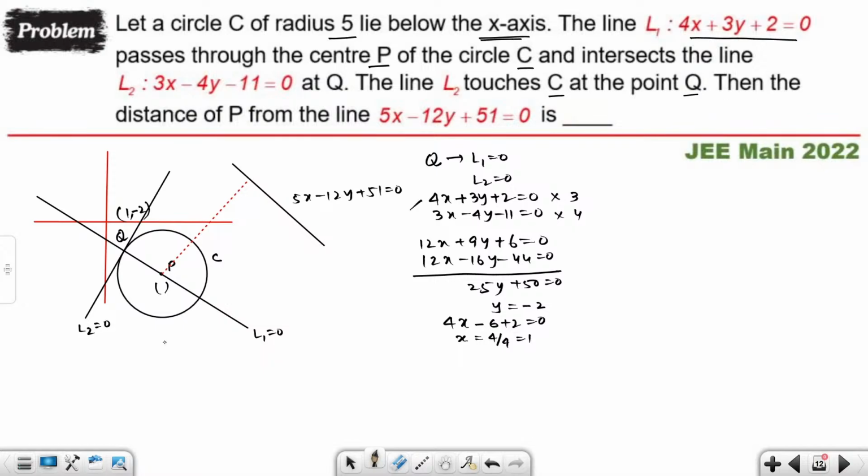Is it clear? Now my main task is to find out the center of this circle. Let the center of the circle be alpha comma beta. Now what is the slope of L1?